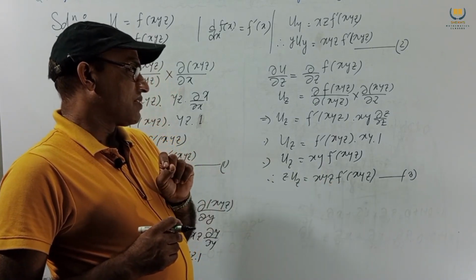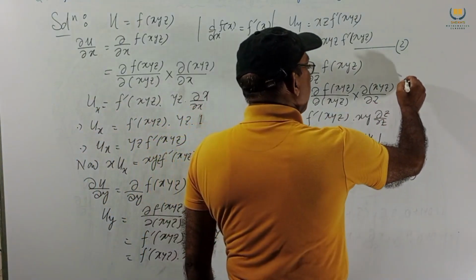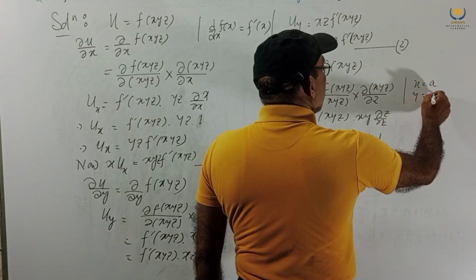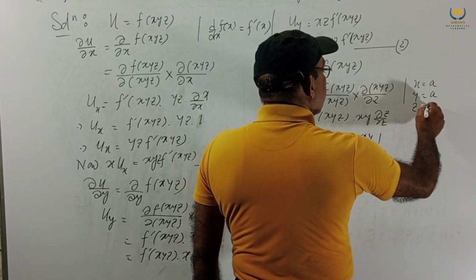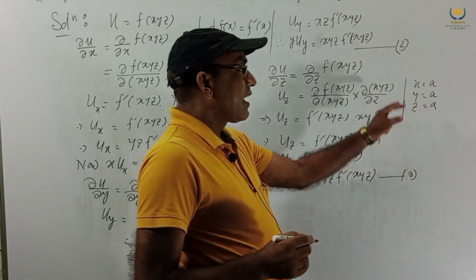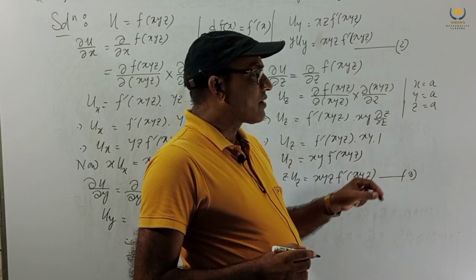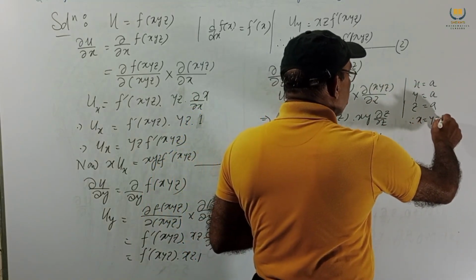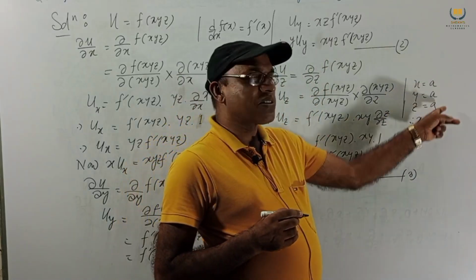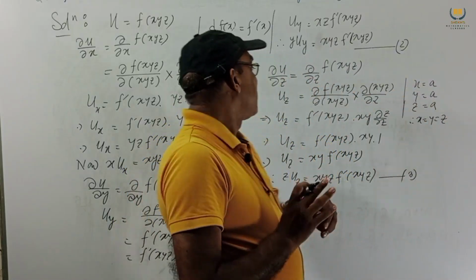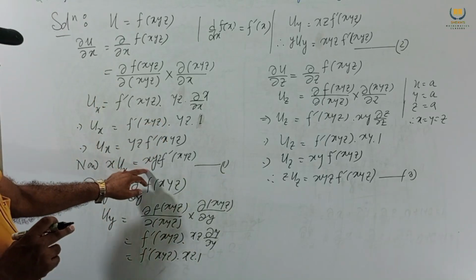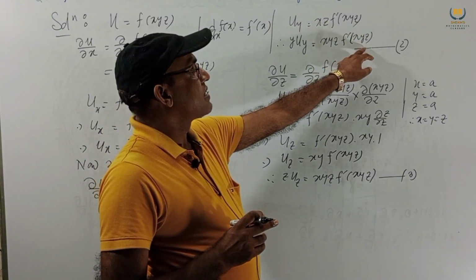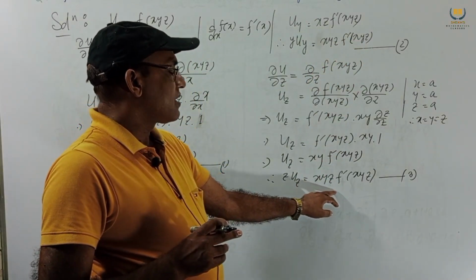Now simple logic, if we have x equal to a, y equal to a, z equal to a, then we can write x equal to y equal to z, because all the values are the same. So here in 1, this is xyz f dash xyz, and 2 is xyz f dash xyz, 3 is xyz f dash xyz.